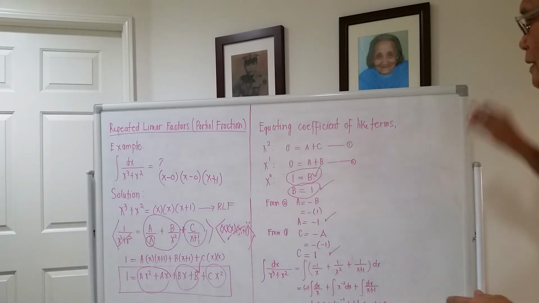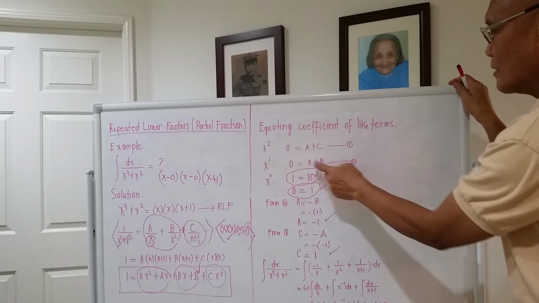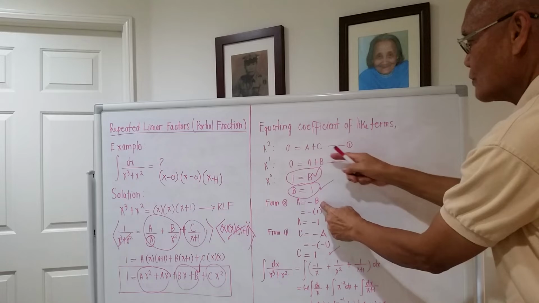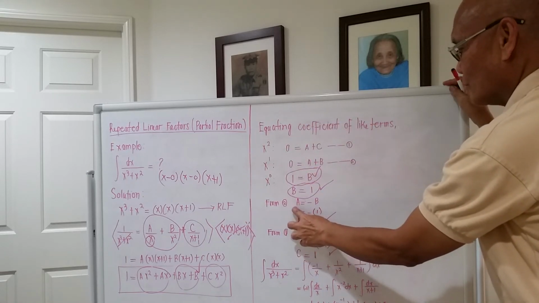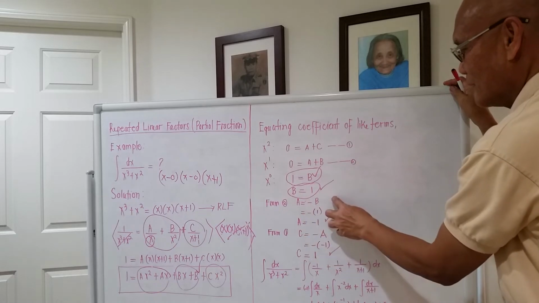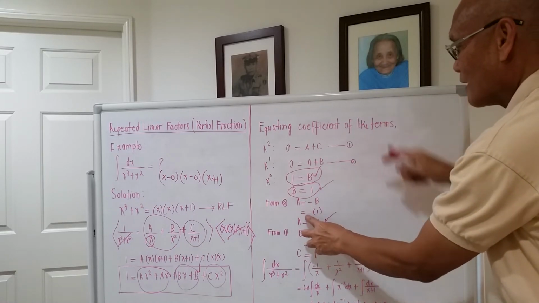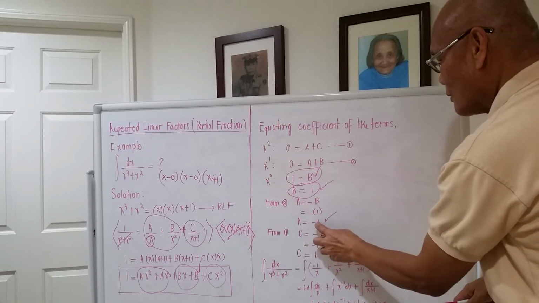Simple as that. If we go back to equation number 2, we compute for A in terms of B. A is actually negative B. We transpose this to the left and then arrange. So A will be equal to negative B, equal to negative the quantity 1. Therefore, the value of A is equal to minus 1.